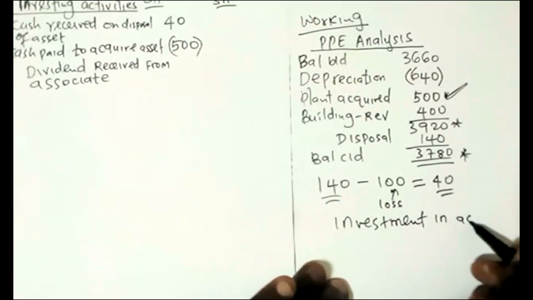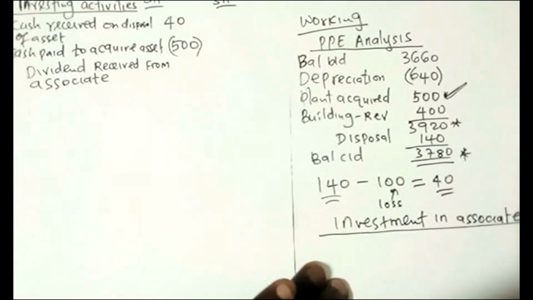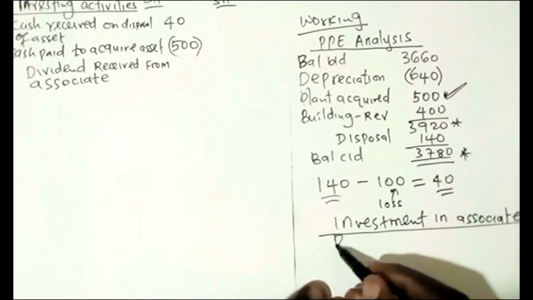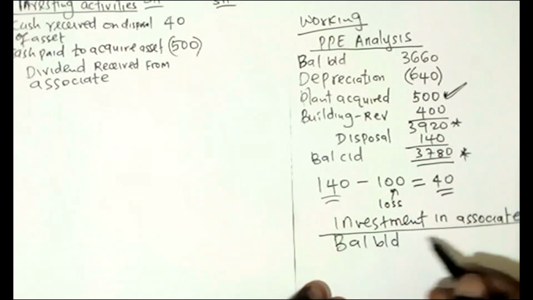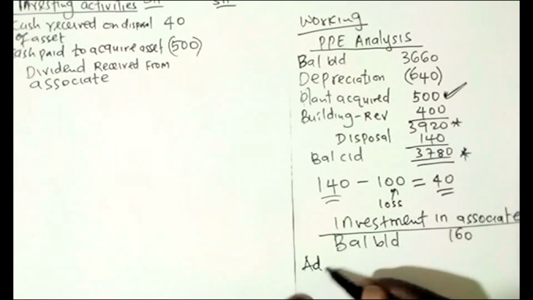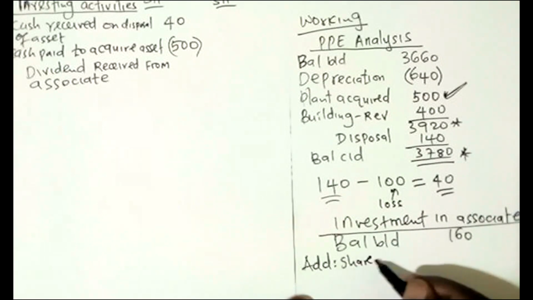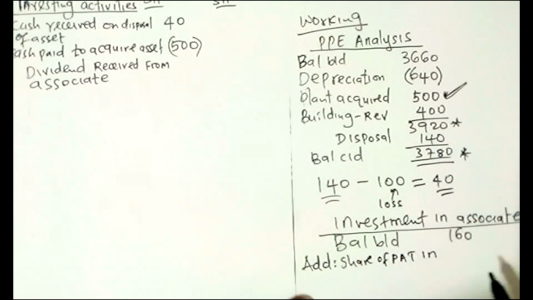We start from balance brought down, 160. We add the share of profit after tax in associate.